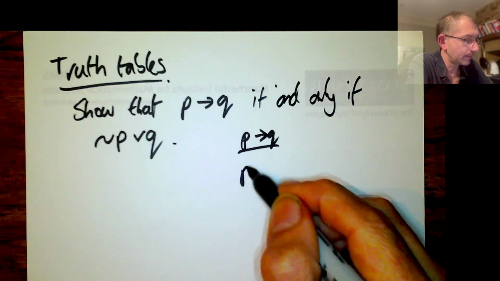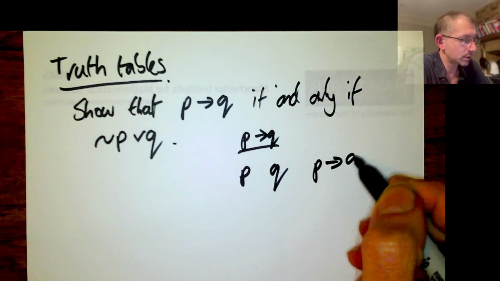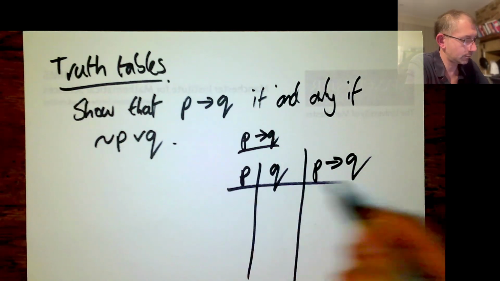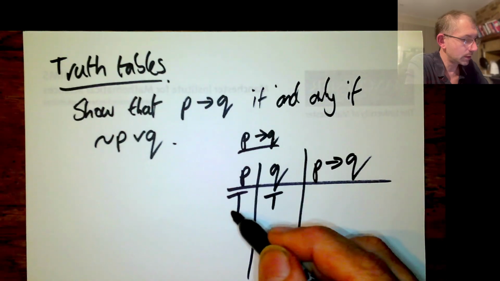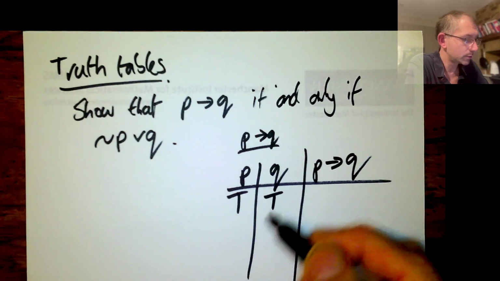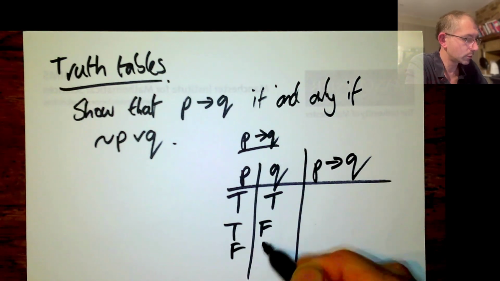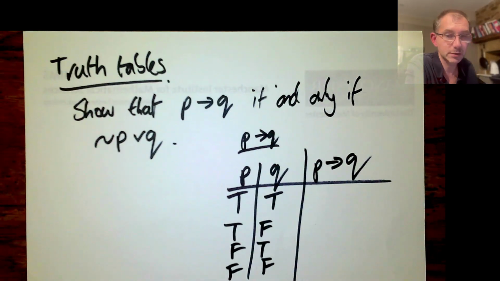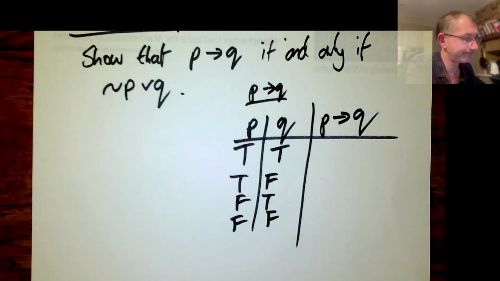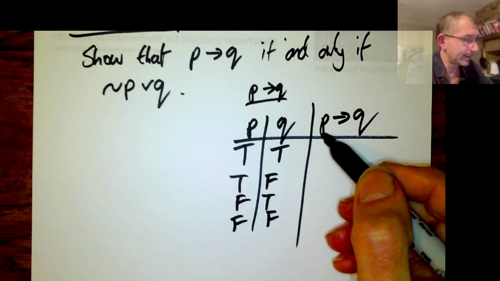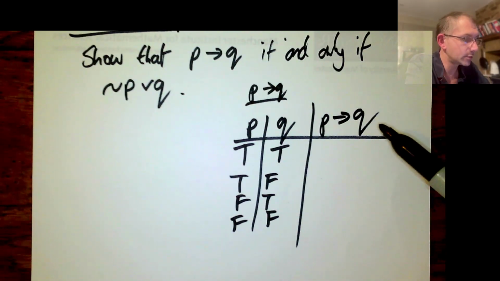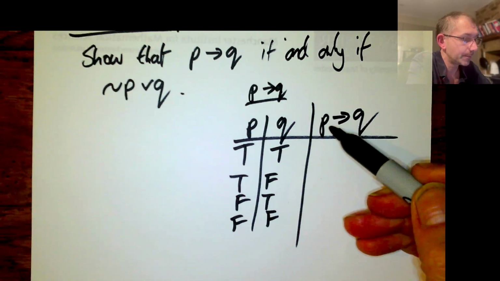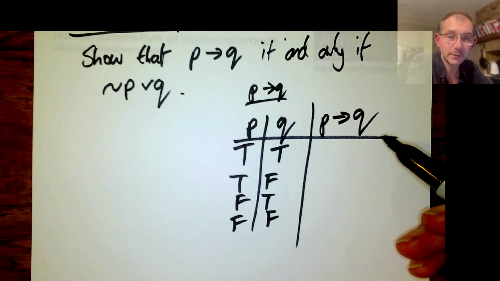So we're going to have P, we're going to have Q, we're going to have P implies Q. Fill these out in however way you would like. You want true, true, true, false, false, true, false, false, but just make sure you get all the possibilities. And then the rule for P implies Q is that it is going to be true unless when you take P to be true and Q to be false.